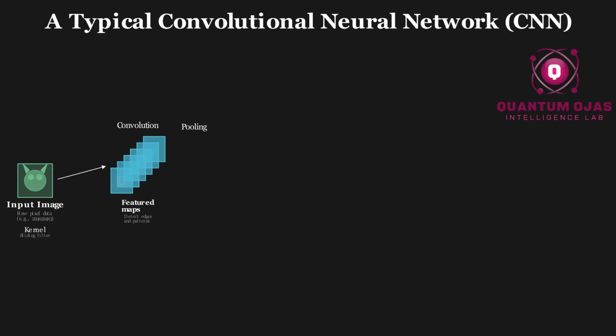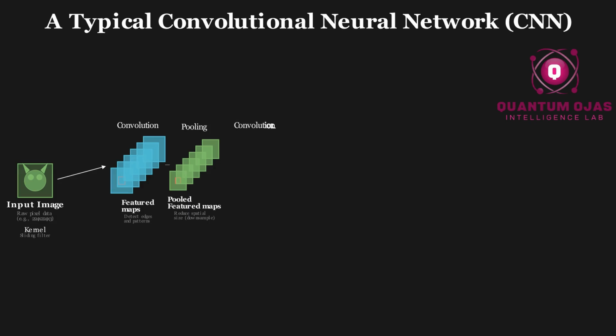Moving ahead, step 1, forward and first convolutional layer. Now the image enters the first convolutional layer. You can see a small sliding window moving across the image. This window is called a filter or kernel.